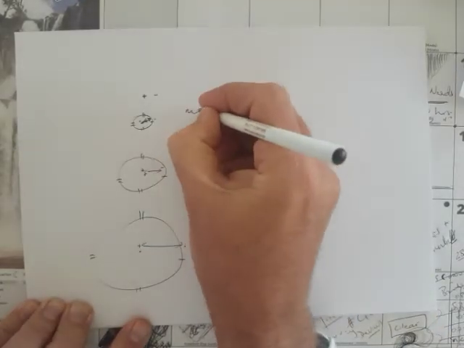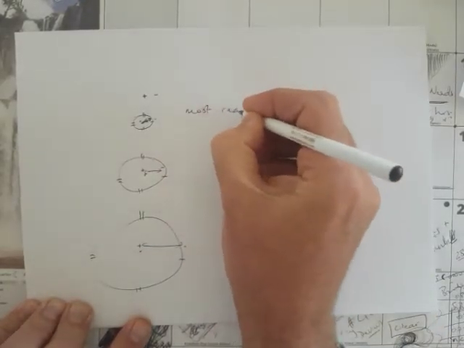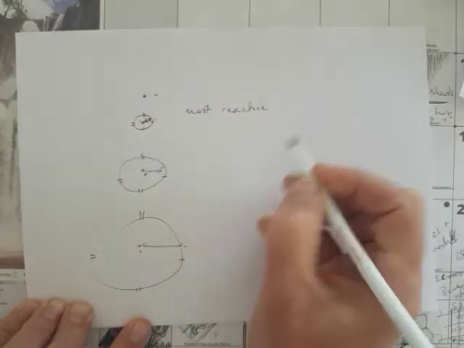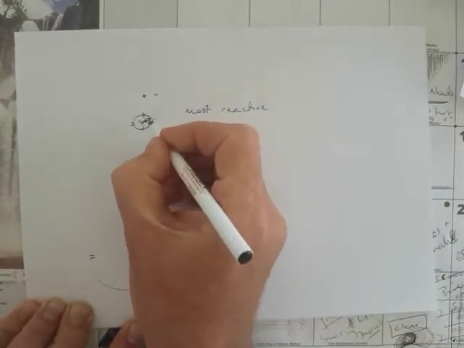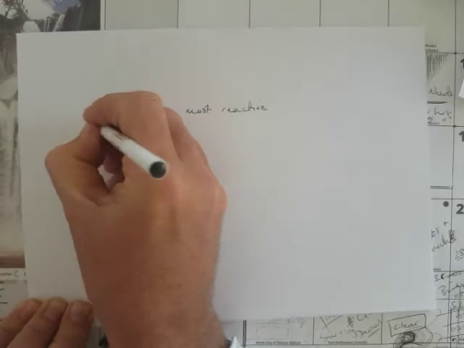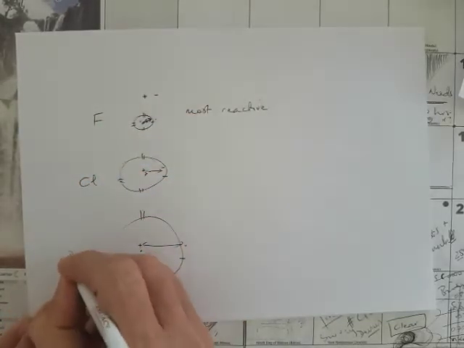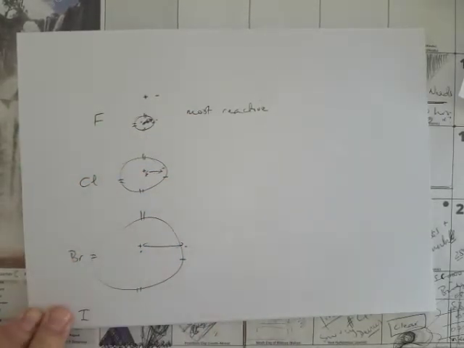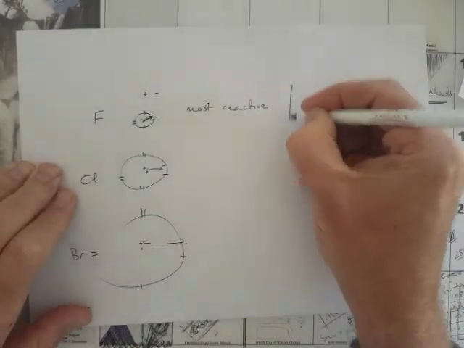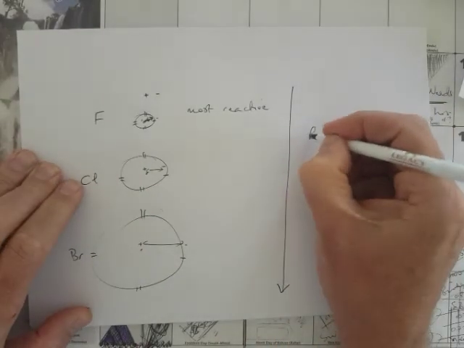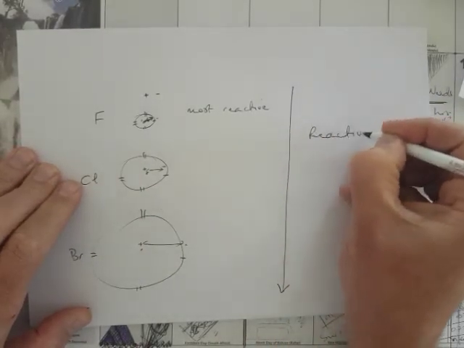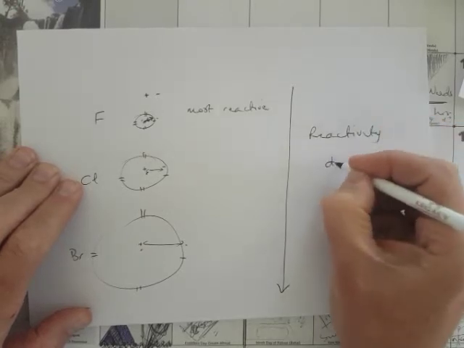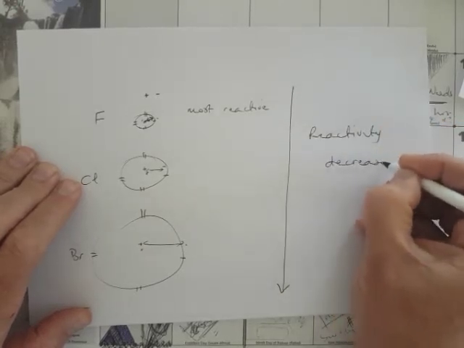So this is most reactive because it's small and the attraction to the nucleus is very strong. This is fluorine, this is chlorine, this is bromine. We'd have iodine down here. So the trend in reactivity decreases as you go down the group.